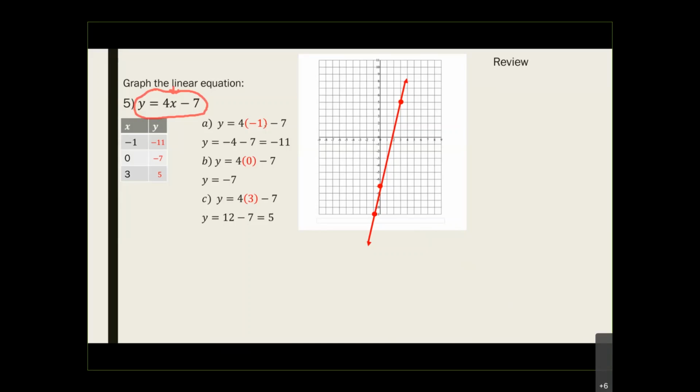And again, you plug it in and you simplify. And then again, all you need to do is identify the right graph, which is, this is our test 2 material, right?